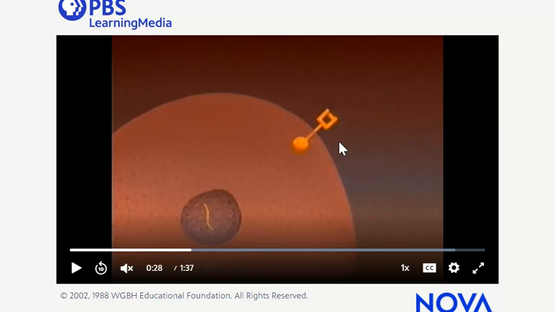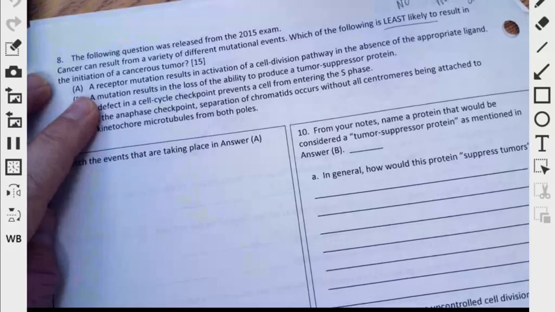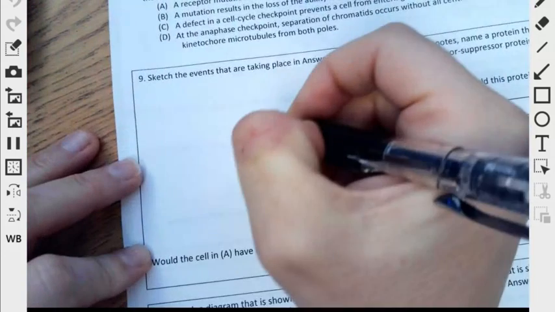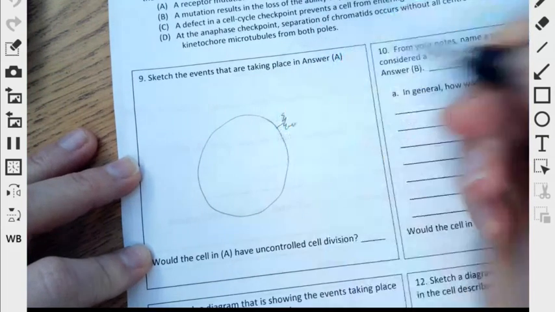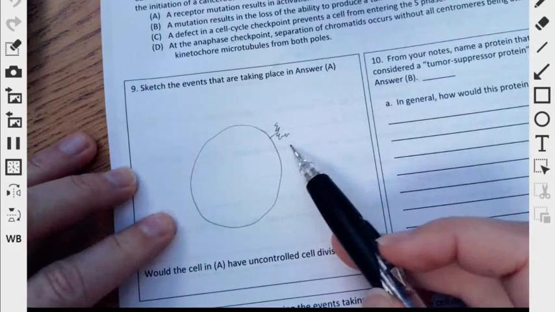So what I mean by cancer is when good proteins go bad, or when mutations in a cell result in misformed proteins that are activating events that lead to rapid cell division, okay? So going back to what it's saying here, it says a receptor mutation. So let's think about it: here's a cell, we've got a receptor protein, and it's not been made correctly.